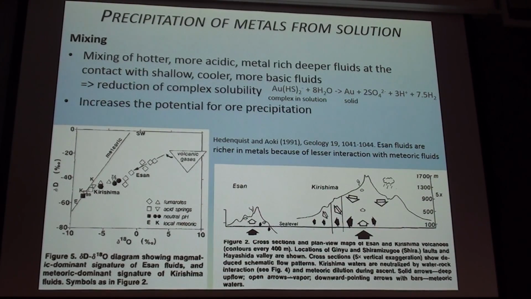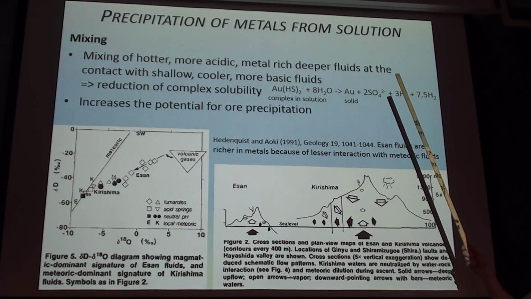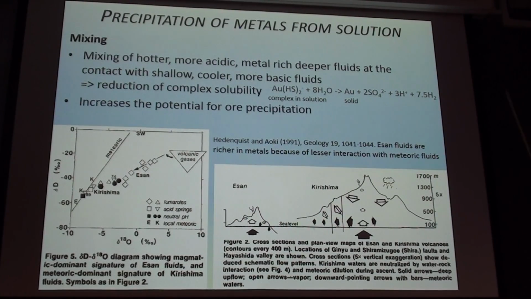So in the example, we've got again the gold as a bisulfide complex, and by changing the pH and reducing the temperature, we will cause dissociation and precipitation of gold.